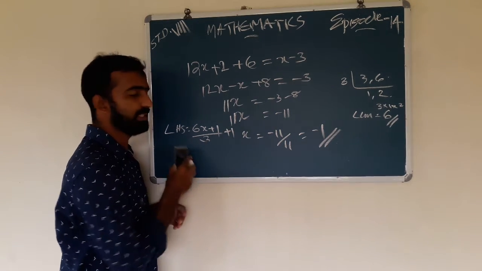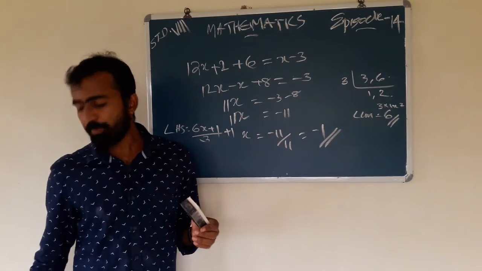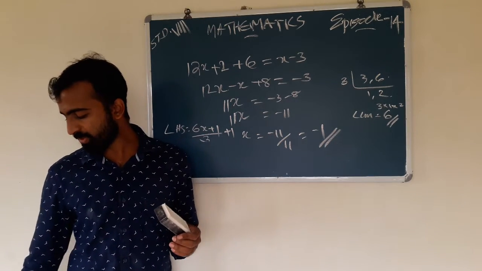What is our LHS? LHS is (6x plus 1) by 3 plus 1.